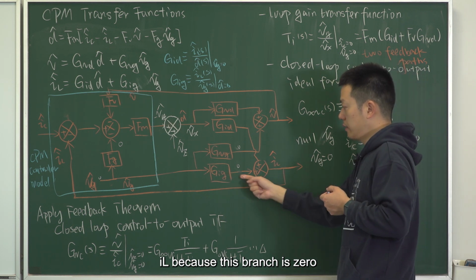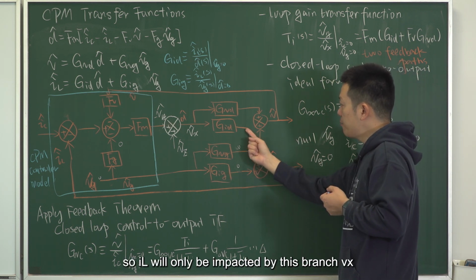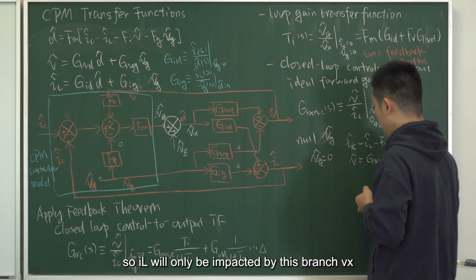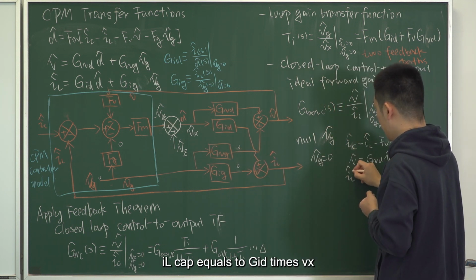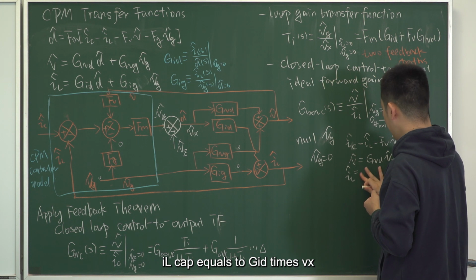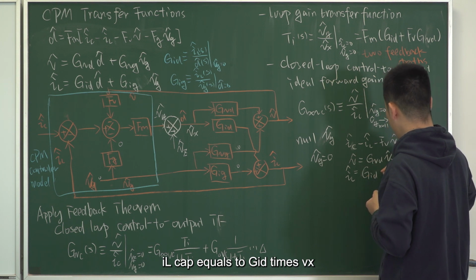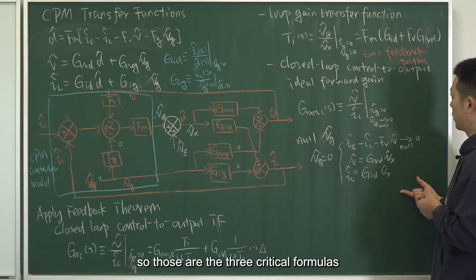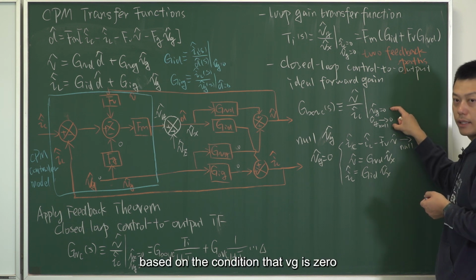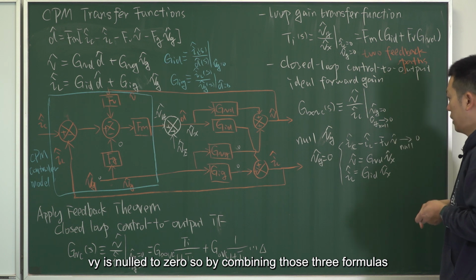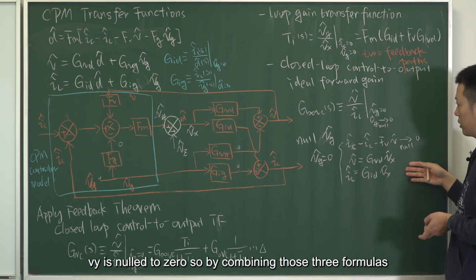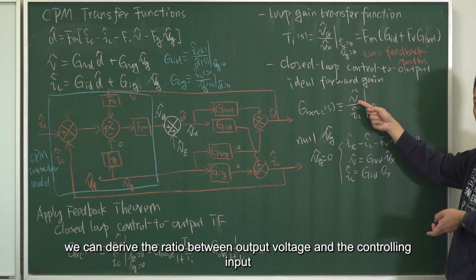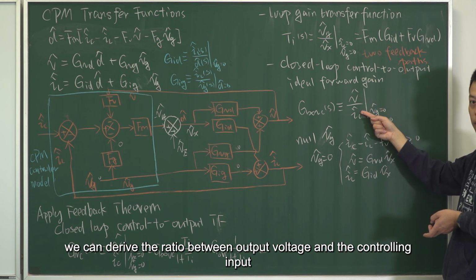Because this branch is 0, IL will only be impacted by Vx. So IL cap equals GID times Vx. Those are the three critical formulas based on the condition that Vg is 0 and Vy is nulled to 0.